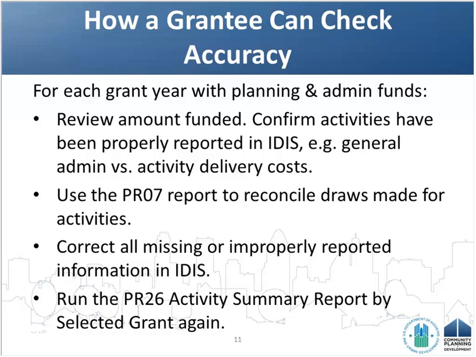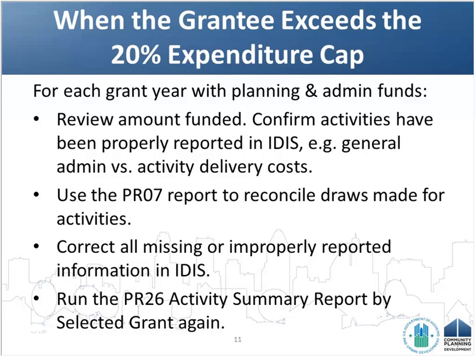After you correct them in IDIS, rerun the PR26 activity summary report the next day, because the MicroStrategy report is refreshed at night. So it's not updated at the same time after you change the data in IDIS.